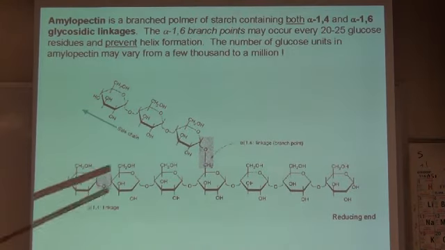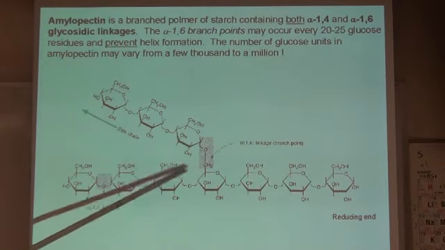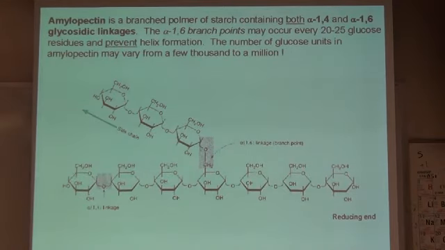And the degree of branching varies depending on what polysaccharide you have. You can have branch points every 4 glucose residues in a highly compact spherical glycogen, or you can have them every 20, 30 in something that's more spread out, like starch.